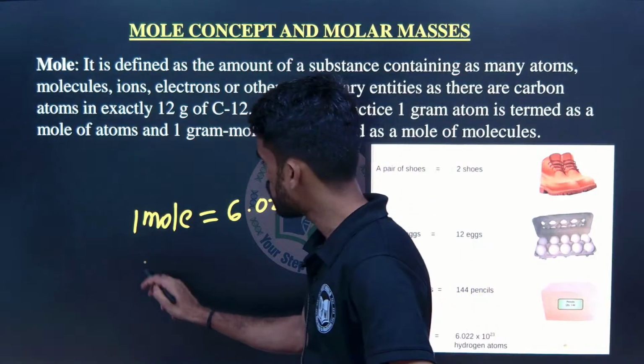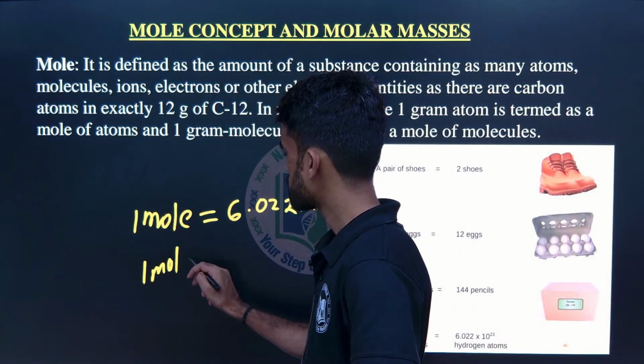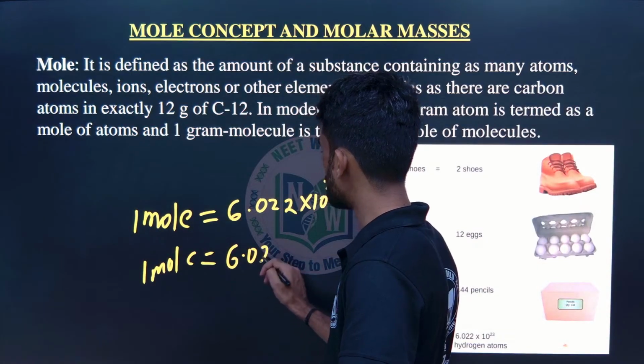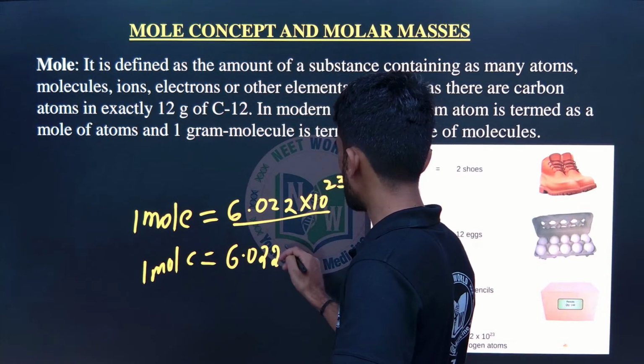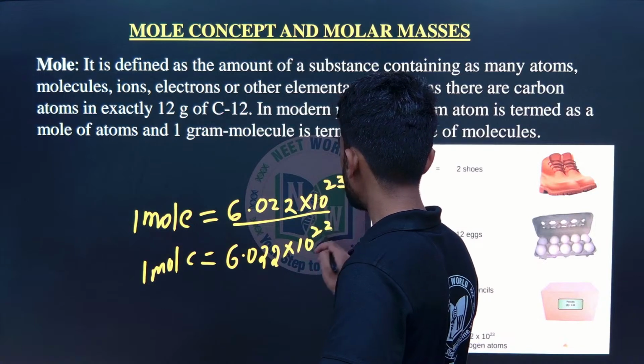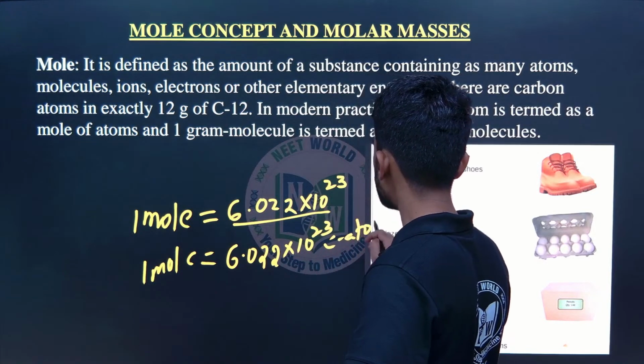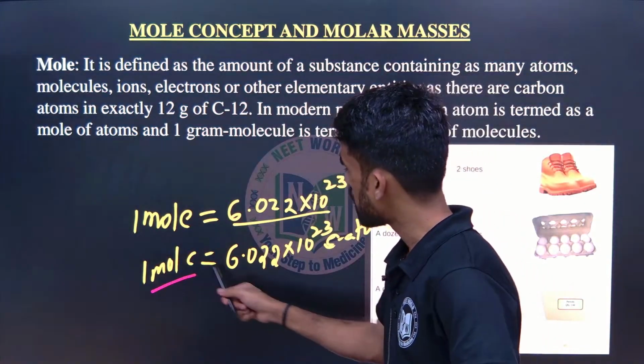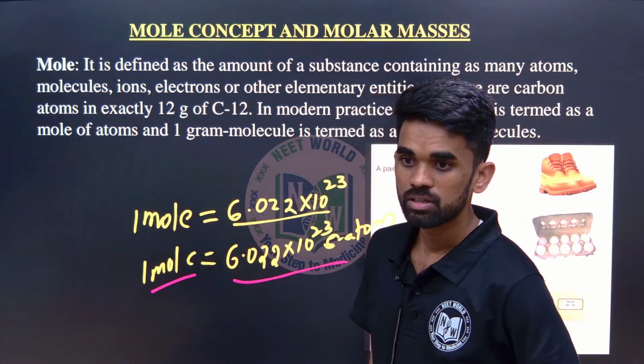If I say 1 mole of carbon, it contains Avogadro number, 6.022 into 10 power 23, of carbon atoms.